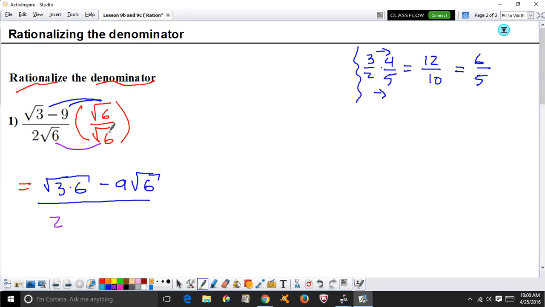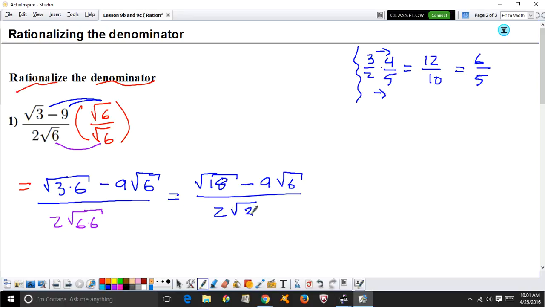Multiply the inside, square root of 6 times square root of 6. So now let's simplify this. 3 times 6, that's square root of 18, minus 9 square root of 6, divided by 2 square root of 36.